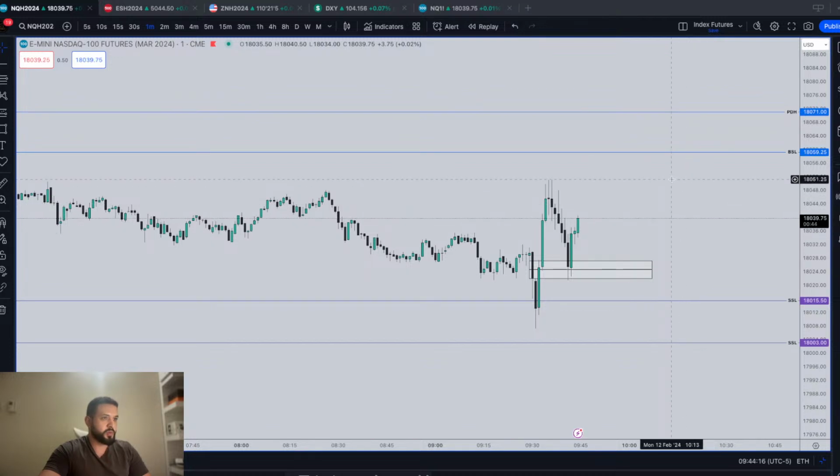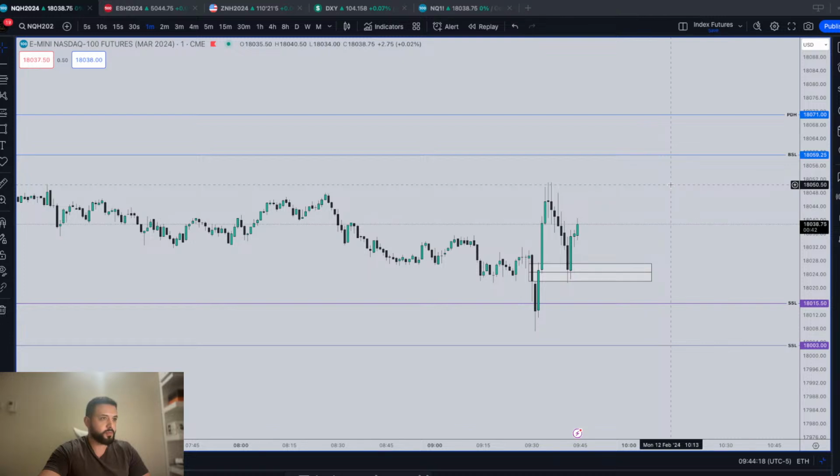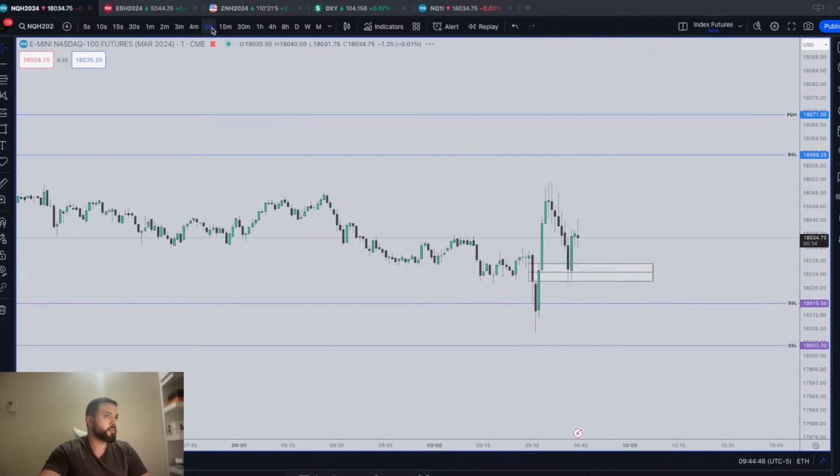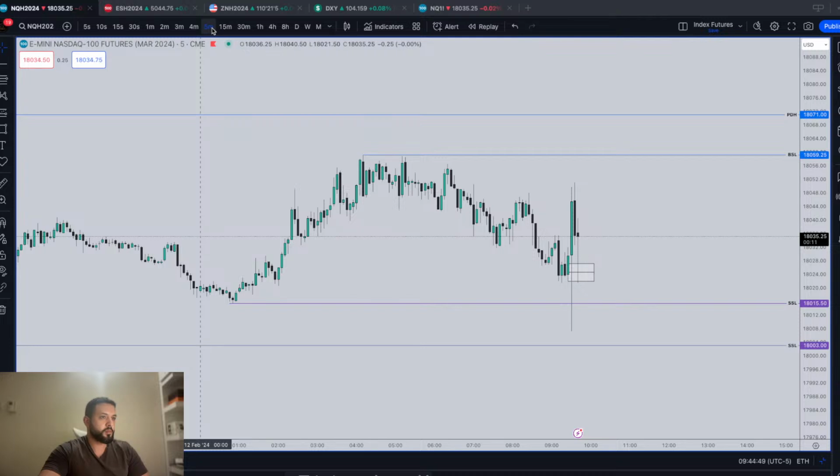These highs are very, very smooth, so it could want to revisit them. Five-minute, respecting these order blocks.